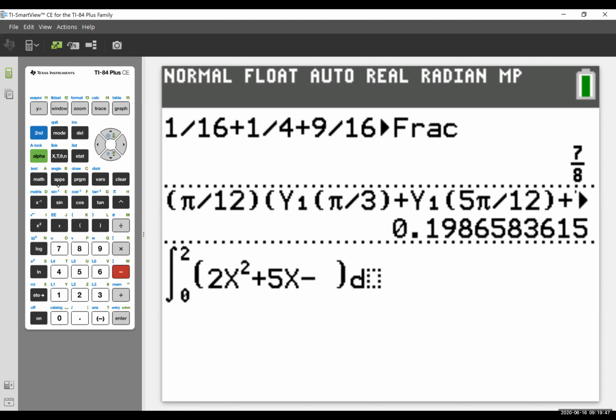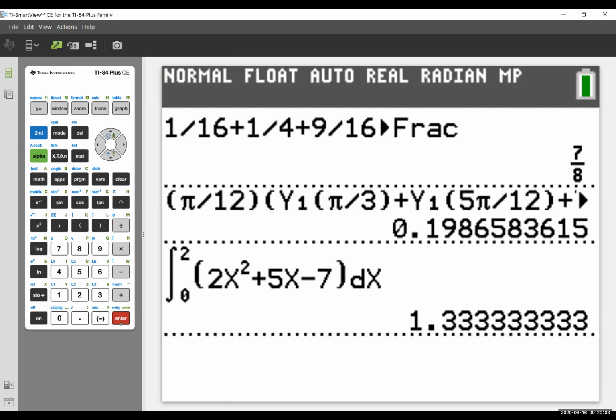minus 7. And you always have to tell the calculator what variable you are integrating with respect to. Like I said, it does matter. And again, we chose x. That's usually common. So now my friends, press enter. And you get a decimal. Sometimes it's able to be turned into a fraction, you can change it directly to a fraction.